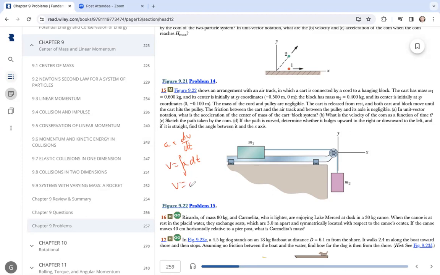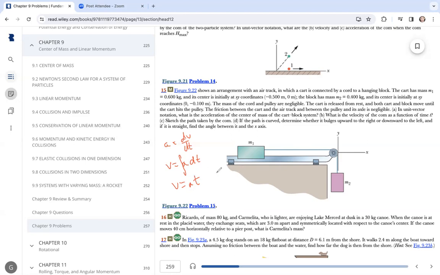So v equals a t. So the velocity as a function of time can just be found by multiplying each piece by t. Now that you know the acceleration, you can find the velocity.